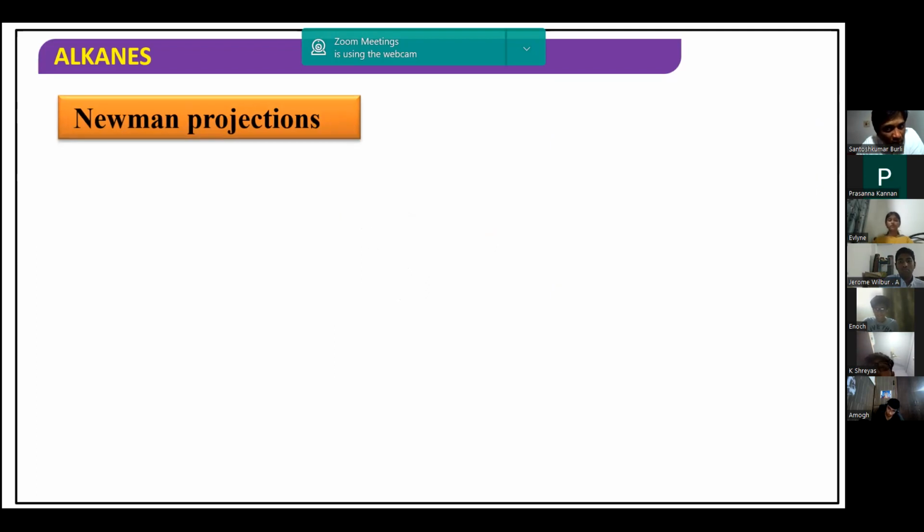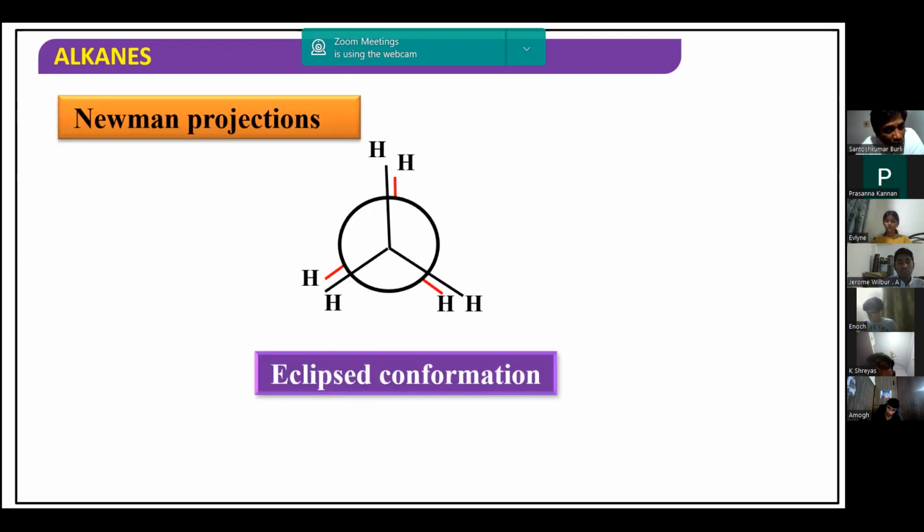Now you can see eclipsed conformation. Just beside each hydrogen, one more hydrogen, we write the red ones representing the rear carbon atom CH bonds, and the black ones representing the front carbon atom CH bonds. So this is the eclipsed conformation, Newman projection. Any doubt in representing the eclipsed and staggered conformation?